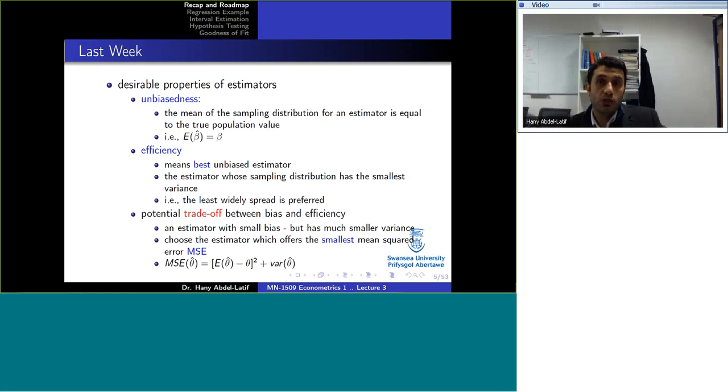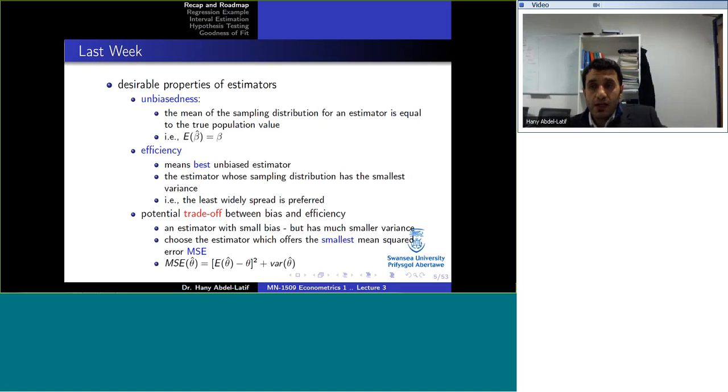Every time you do that, the value will change. But on average, the expected value of this estimator, which is beta hat in our example, should equal beta, the true parameter. So the mean of the sampling distribution for our estimator is equal to the true population value, which is beta. That is unbiasedness.